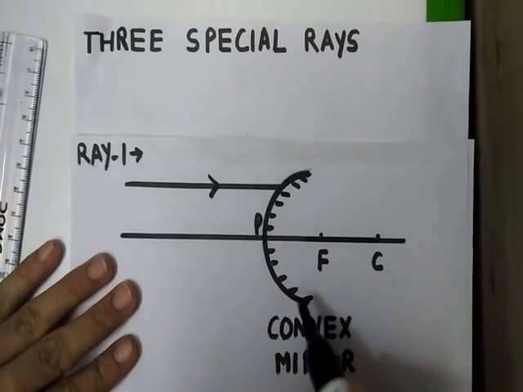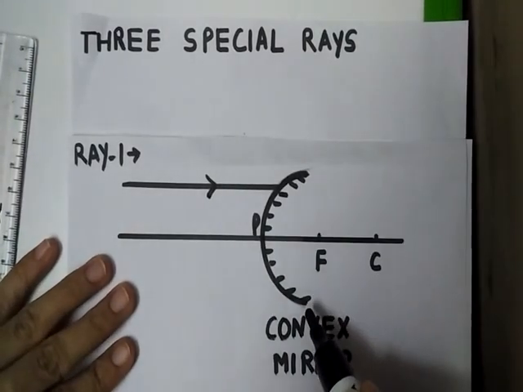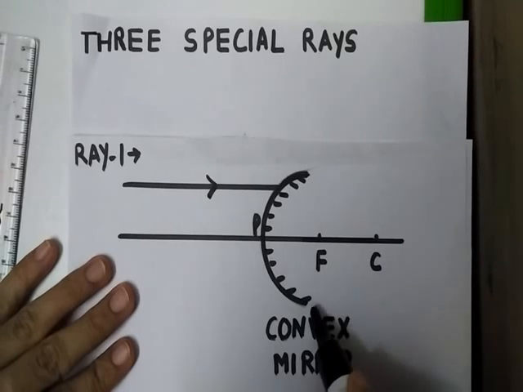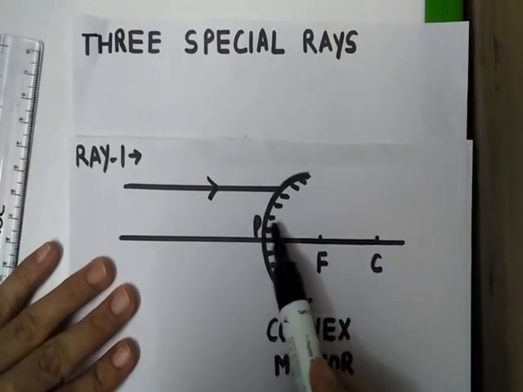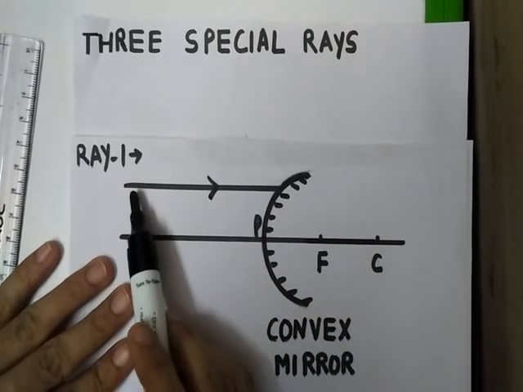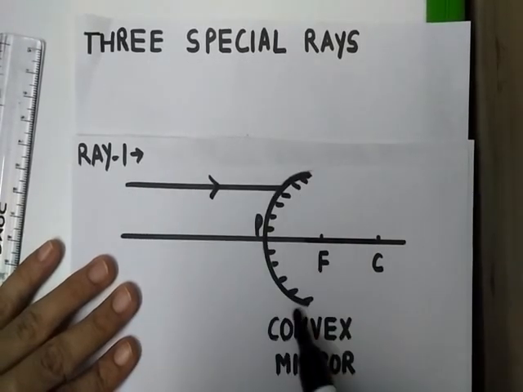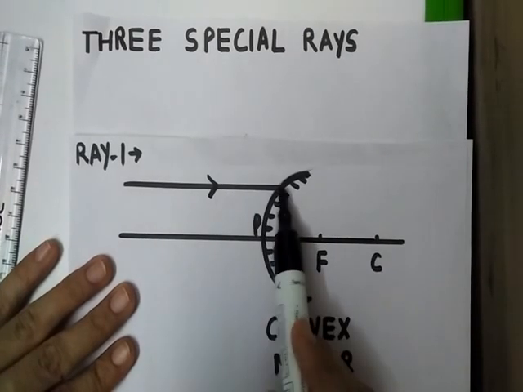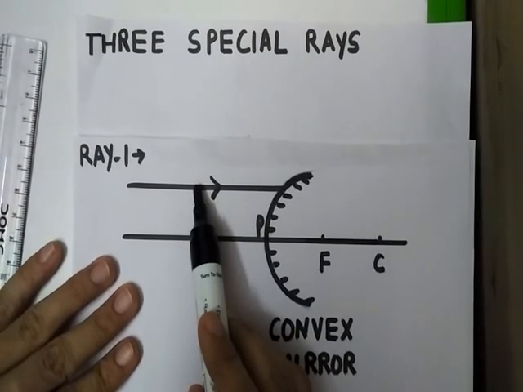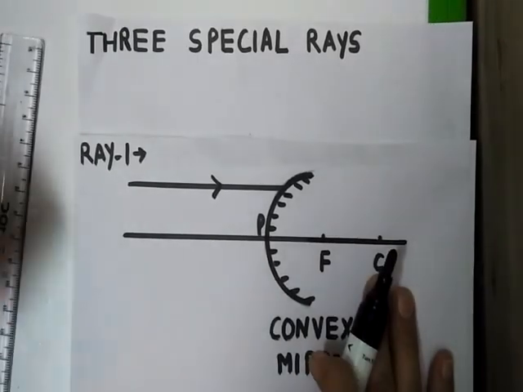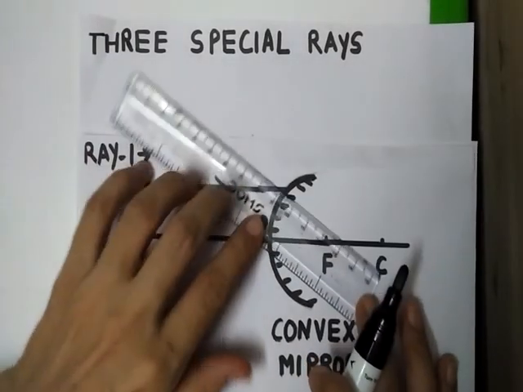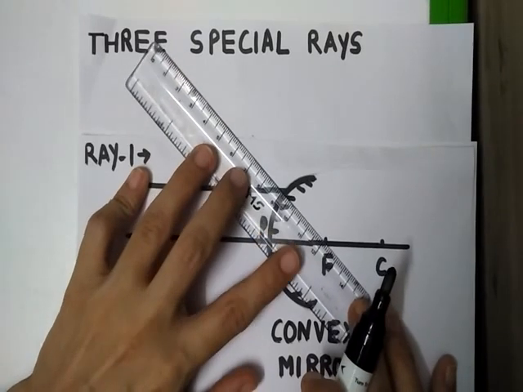Now let's draw ray 1 for the convex mirror. This is the convex mirror, and its inner surface is polished, and the reflection of light is taken from the outer surface. This is the incident ray, and again this incident ray is parallel to the principal axis, so this reflected ray appears to pass through the focus.